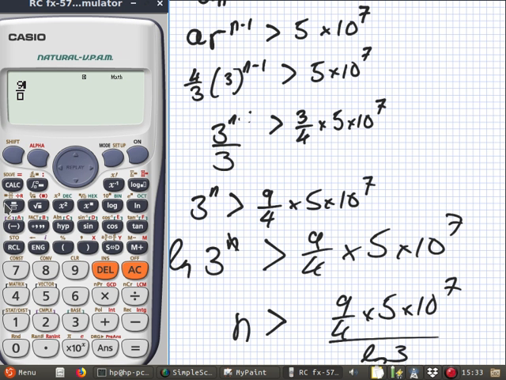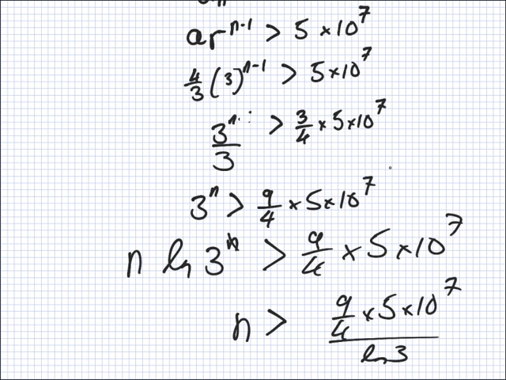Fraction 9 over 4 times 5 times 10 to the power of 7 over log 3. That's much bigger than I thought. How many is that? 1, 2, 3, 4, 5, 6. Oh, sorry.